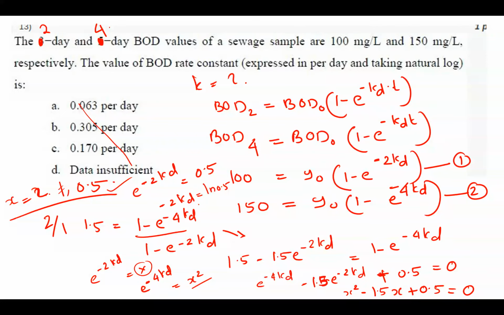So then what is the kd value here? kd is ln 0.5 divided by minus 2.